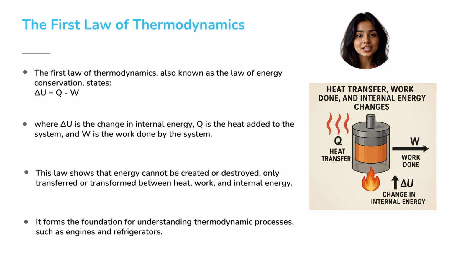The change in internal energy, ΔU, of a system is equal to the heat added, Q, minus the work done, W. This means if a system does work on its surroundings, that energy comes from the heat added to the system. The first law essentially tells us how energy moves around in different forms: heat, work, and internal energy.